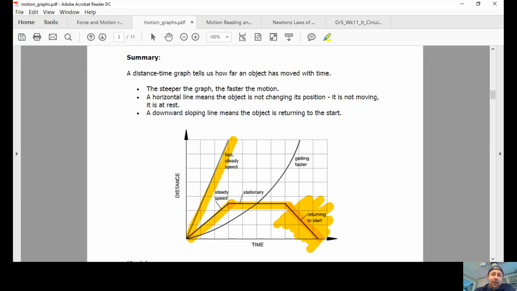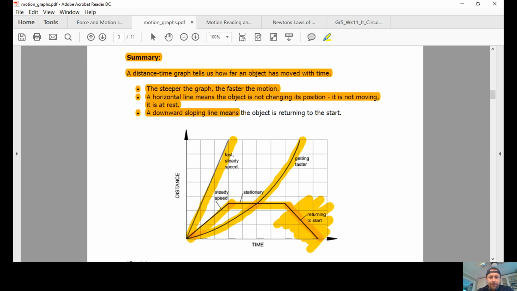But if we look at our final line, we see that curvature, which is indicating gaining speed. And it's really easy if we were to contrast constant speed versus gaining speed, you have that slope there.